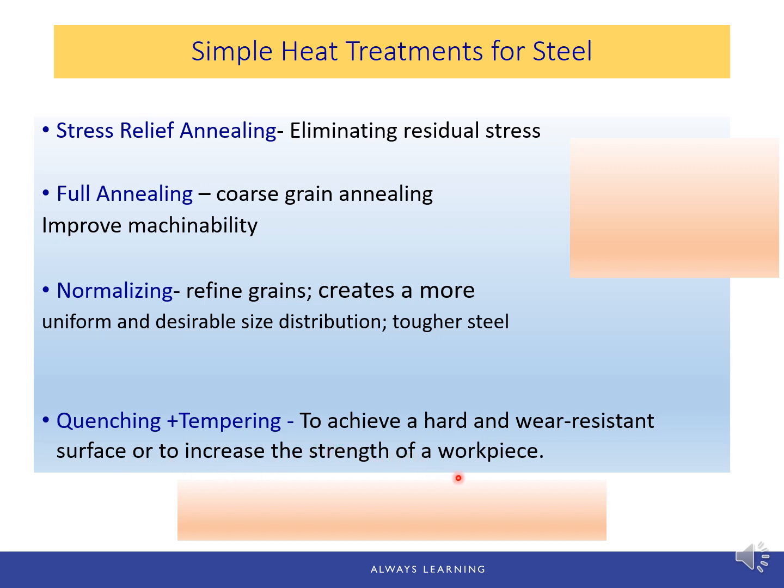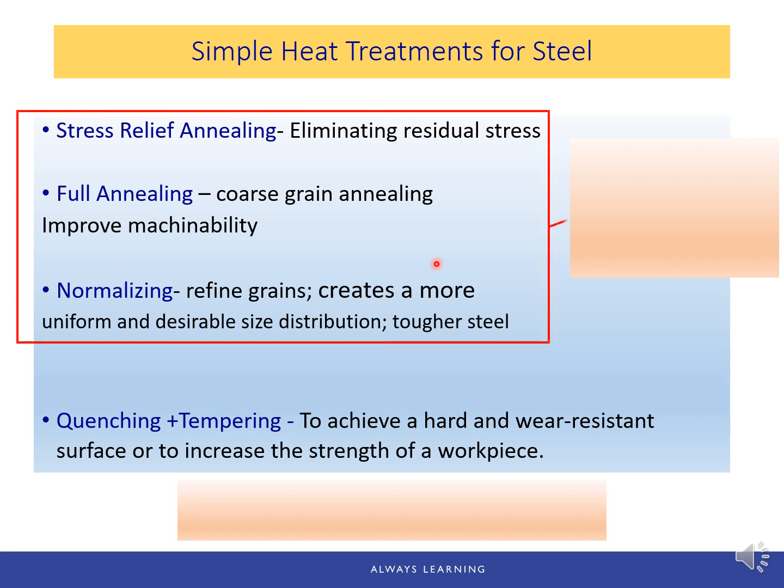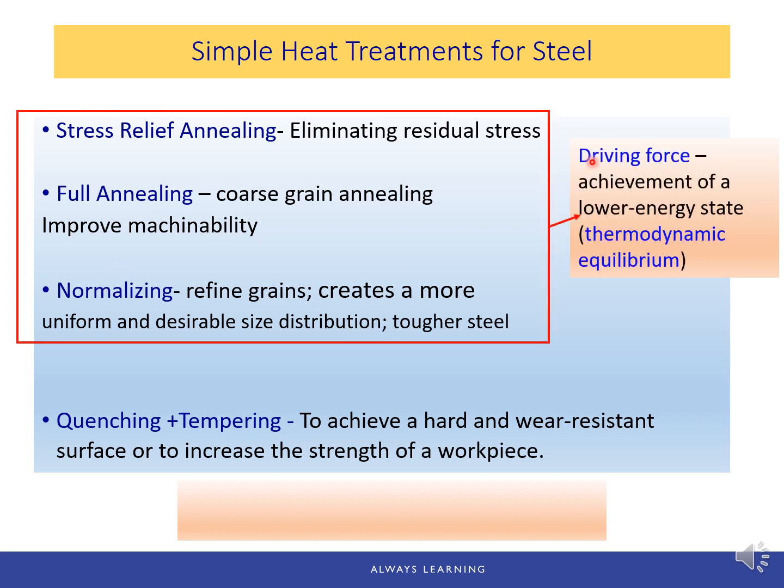For annealing and normalizing, the driving force is to achieve a lower energy state. In other words, to reach a thermodynamic equilibrium, because the equilibrium state is the lowest energy state.